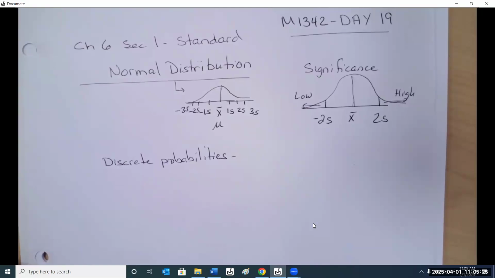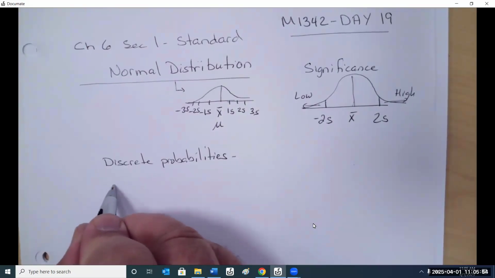When we say discrete probabilities, what are we talking about? What's a discrete number? Yeah, integers, whole numbers. So it's something that could be very easily gotten to.